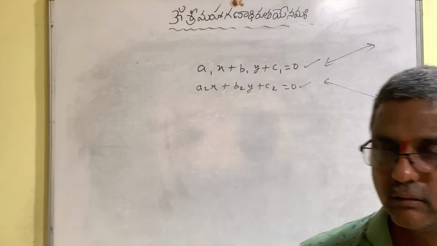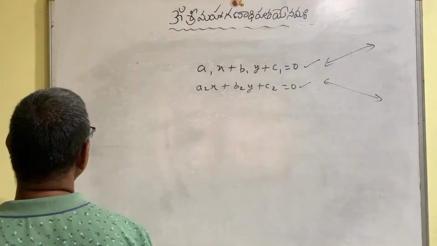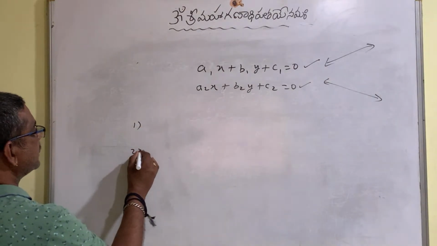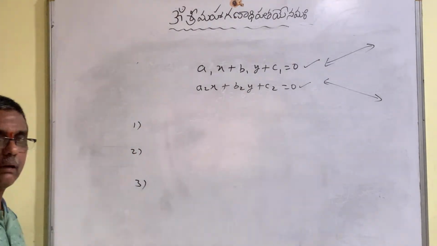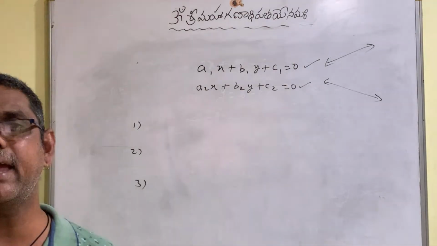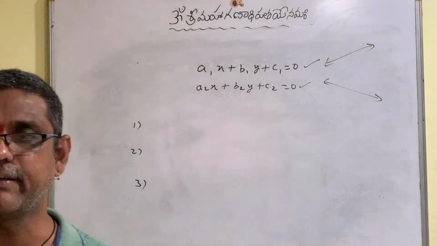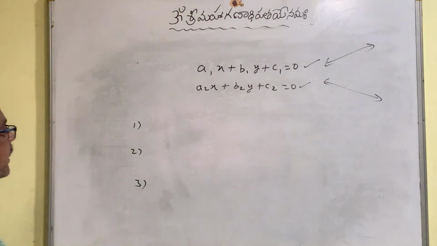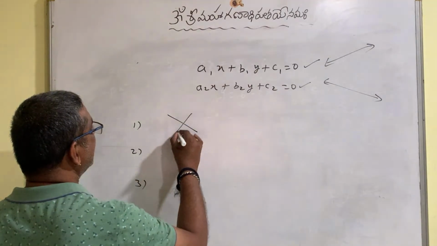Those two straight lines, we can observe, will exist in three ways. One, intersecting lines.